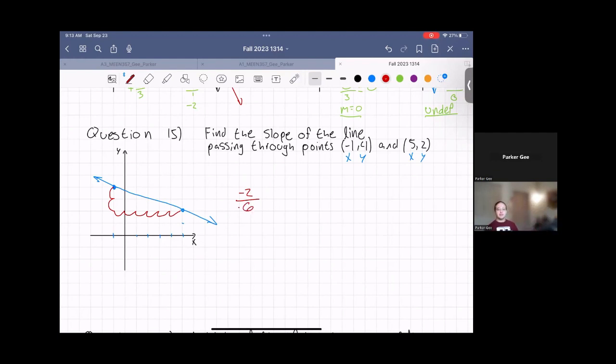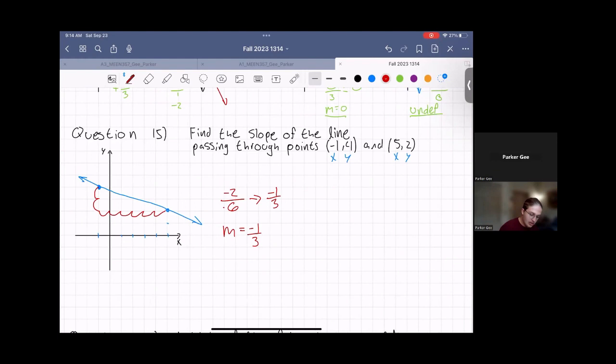Running 6. So that means that our slope is going to be m is equal to, well, let's simplify this fraction. 2 goes into 6 3 times, so it's just going to be negative 1/3. Our slope is negative 1/3.